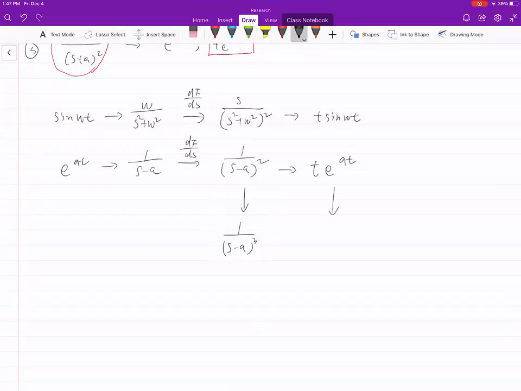Therefore, every time you take a derivative with respect to s, you should somehow have t squared e to the at now. Okay, so that's actually how you keep adding linearly independent eigenfunctions to more and more multiplicity of your roots.